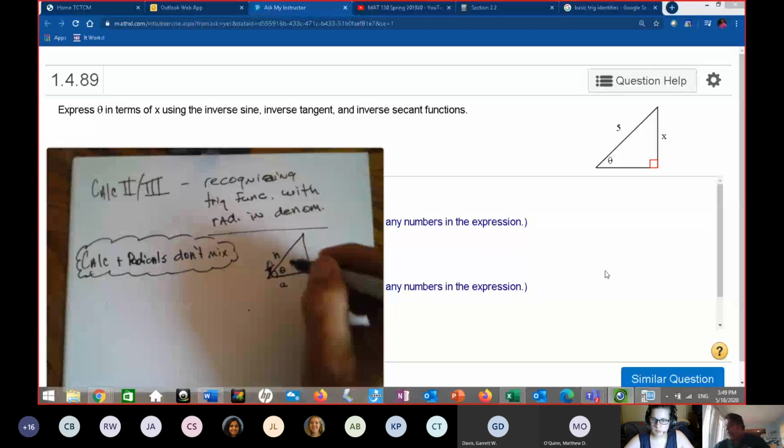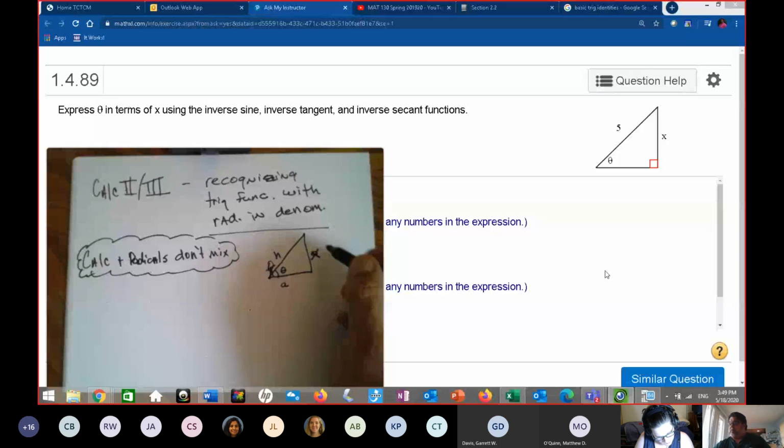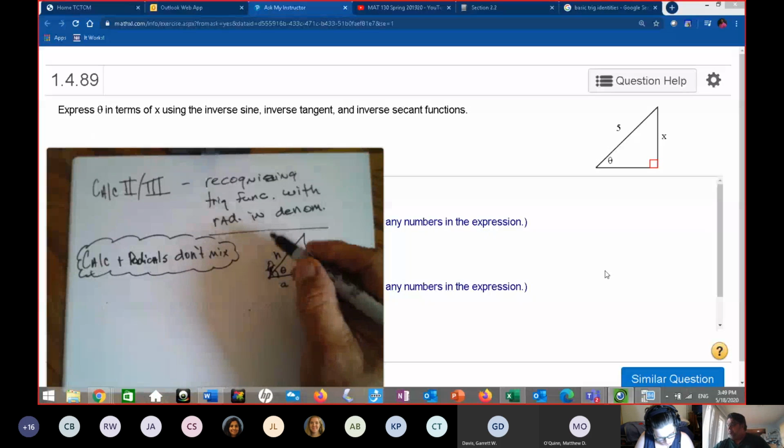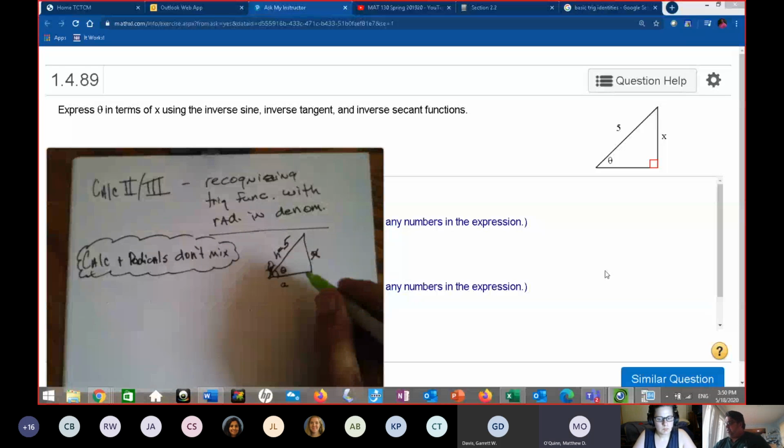So therefore, the opposite is right there. The opposite is x, and the 5 is the hypotenuse. Now, right quick, I'm going to use the Pythagorean theorem to get a, so I can fill in everything.